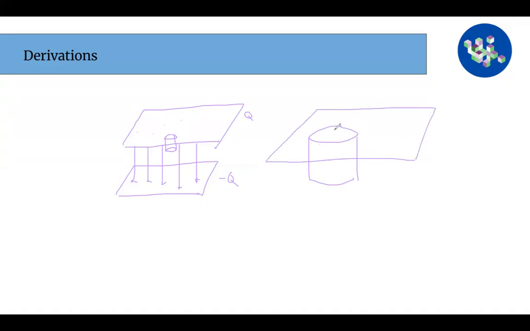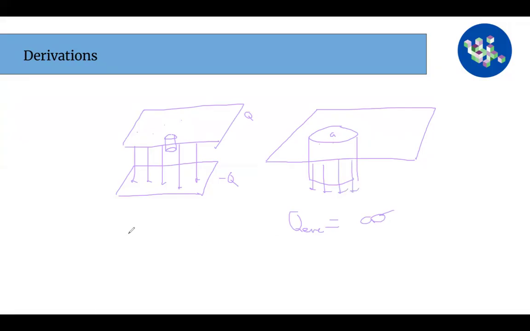So this has an area, I'll say small a, then the enclosed charge Q enclosed equals a times sigma, and I know that the electric field would be going through that way.